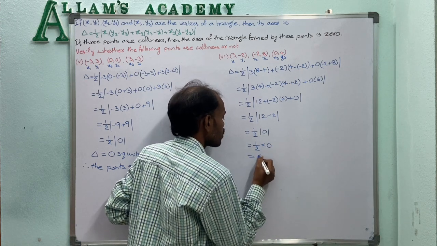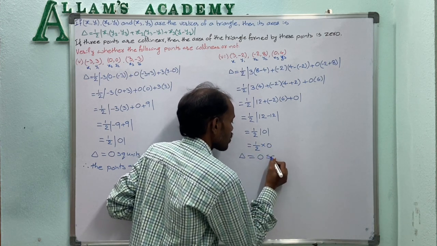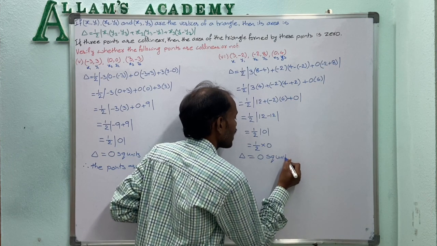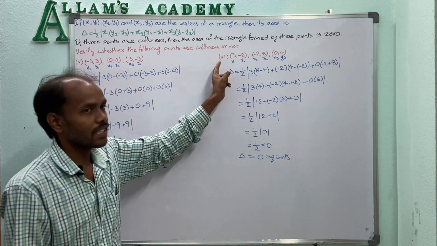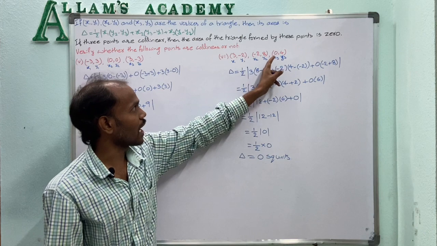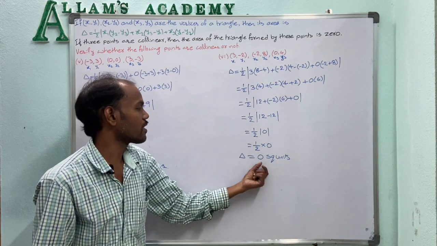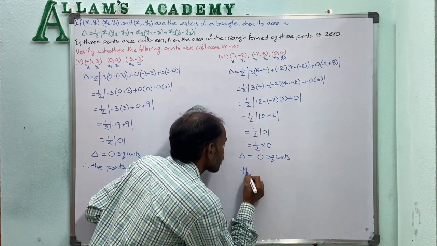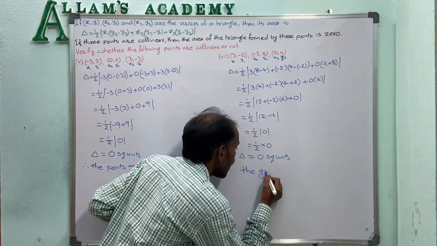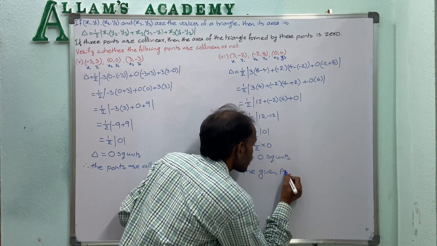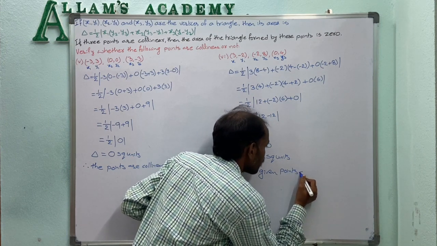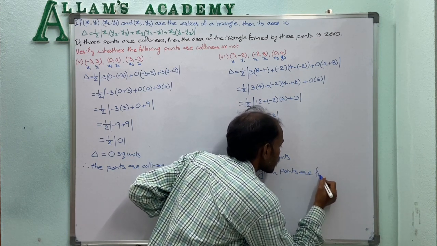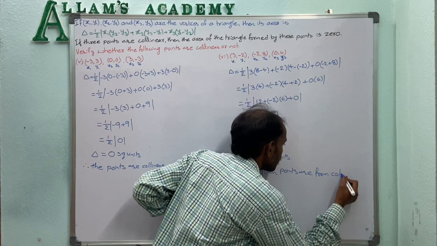So half into 0 is equal to 0. So that is the area of the triangle with the vertices 3 comma -2, -2 comma 8, 0 comma 4, is 0 square units. So the given points form collinear.